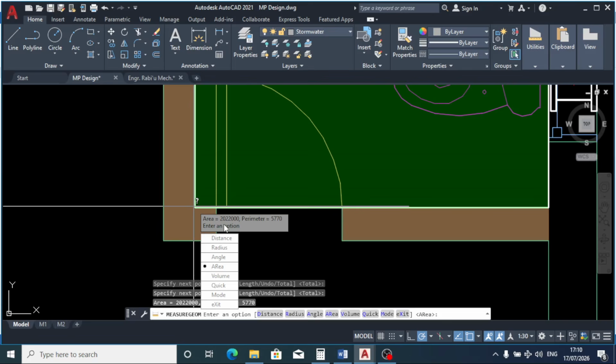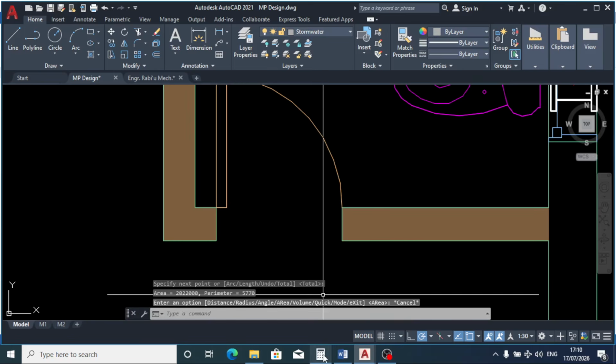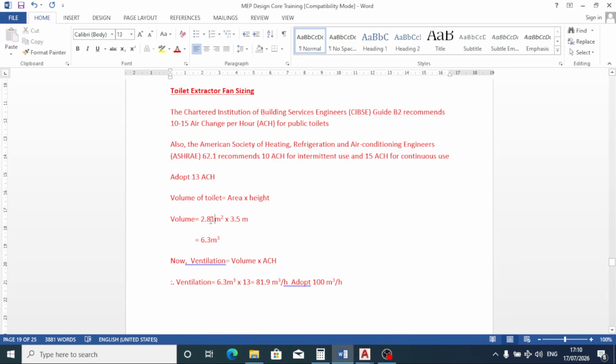Okay, we got 2.02, not 2.2, meters squared, and if you remember, we proposed 3.5 meters for the height of our building.